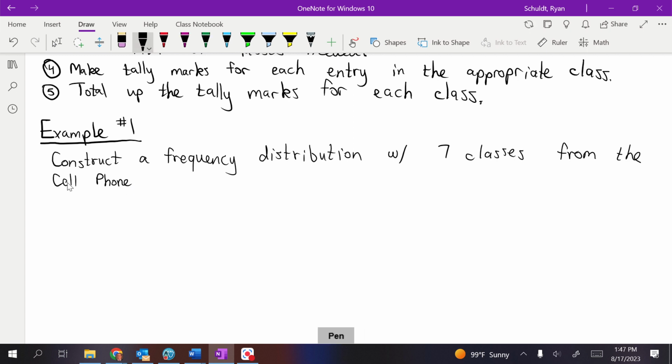Actually, I called it text message on the sheet. So, text message data set.